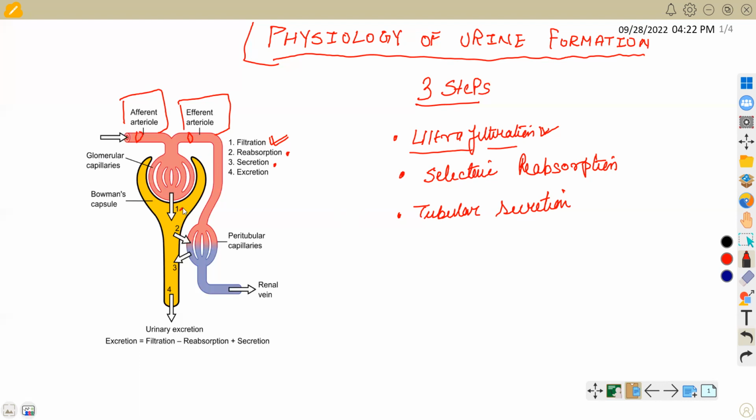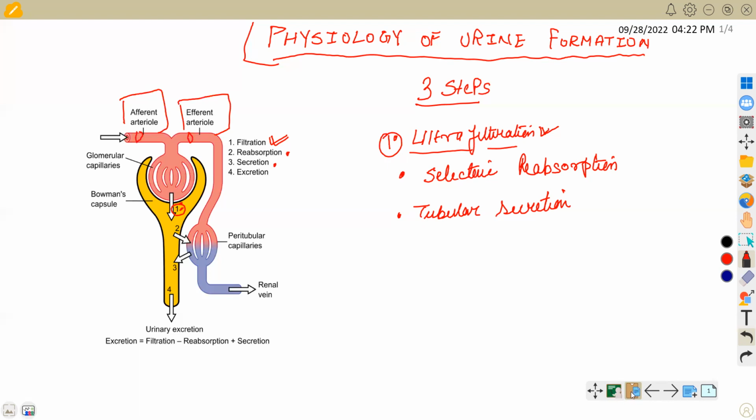So the first one is ultrafiltration. Let us see how ultrafiltration is done.